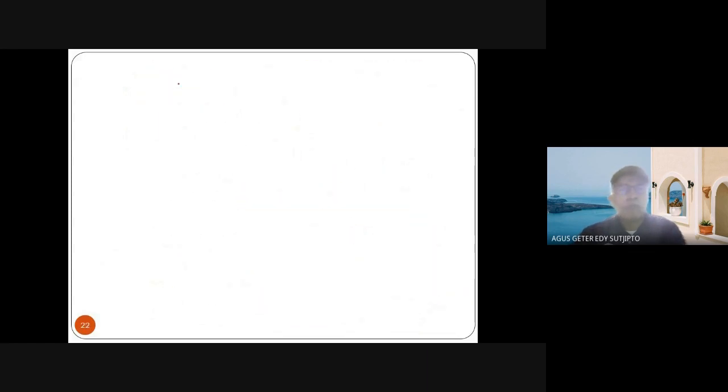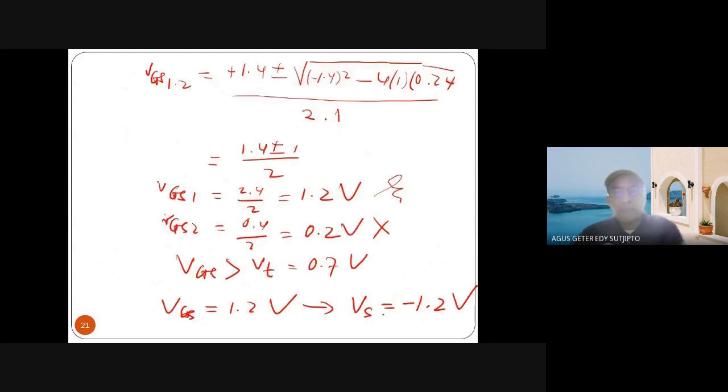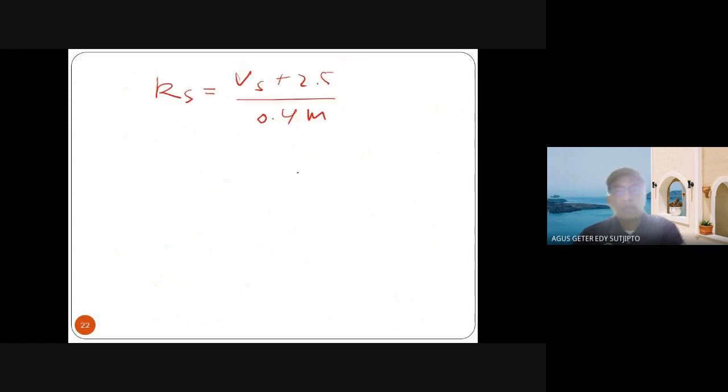Then we know that RS depends on VS plus 2.5 over 0.4 milli. So RS equals (VS plus 2.5) over 0.4 milli. What is VS? VS is minus 1.2.